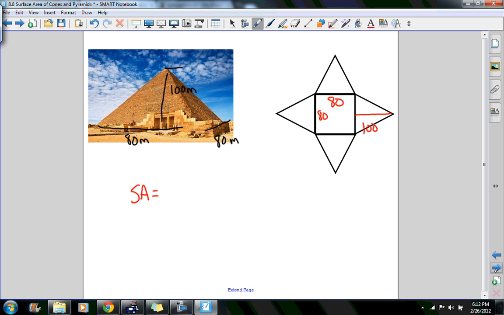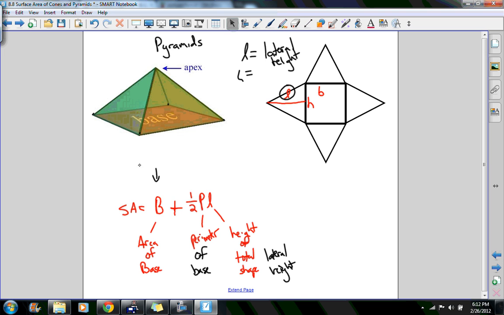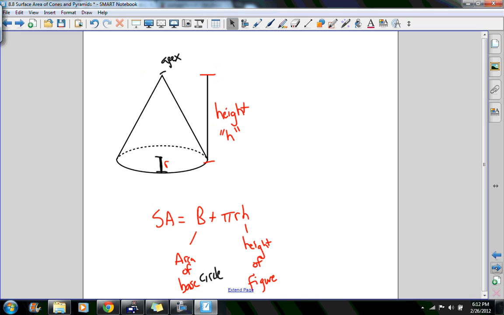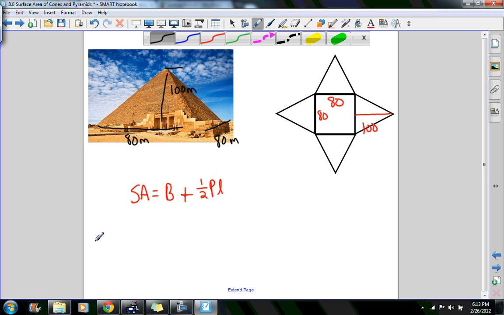Okay? So we have the pyramid picture that we worked with last time, and the surface area is going to be equal to this formula here. If I can get it to copy. There we go. Surface area is equal to the base plus 1/2 times the perimeter times the lateral height. Well, the base we're going to do over here.